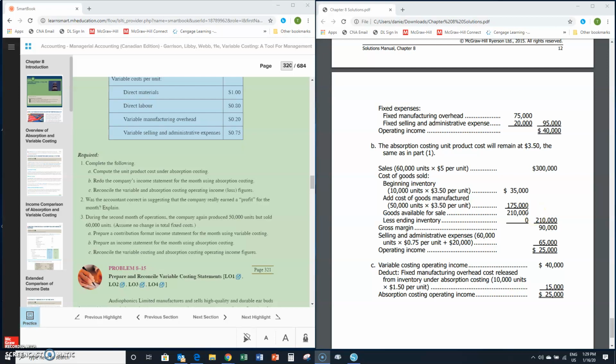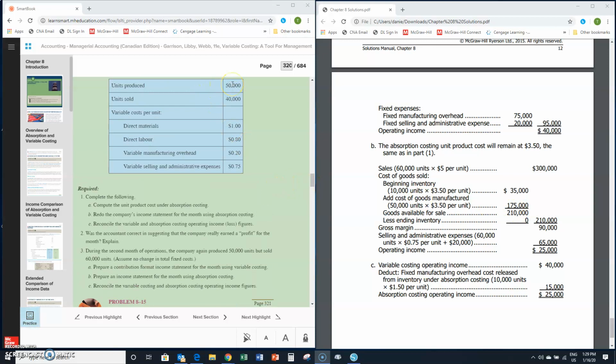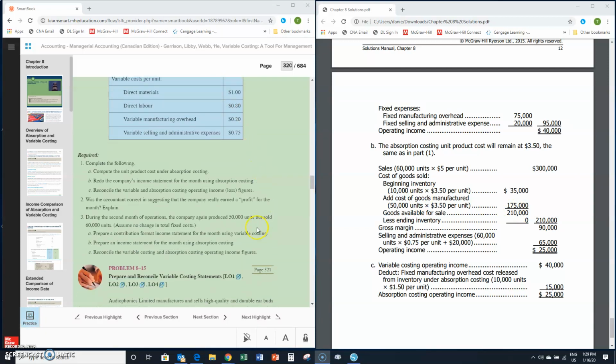Now, in the first month, they produced 50,000, sold 40,000, so they had 10,000 in inventory at the beginning. So they had 10,000 in inventory, plus they produced 50,000, so that gave them 60,000 units, but they sold all 60, so now there is no ending inventory.